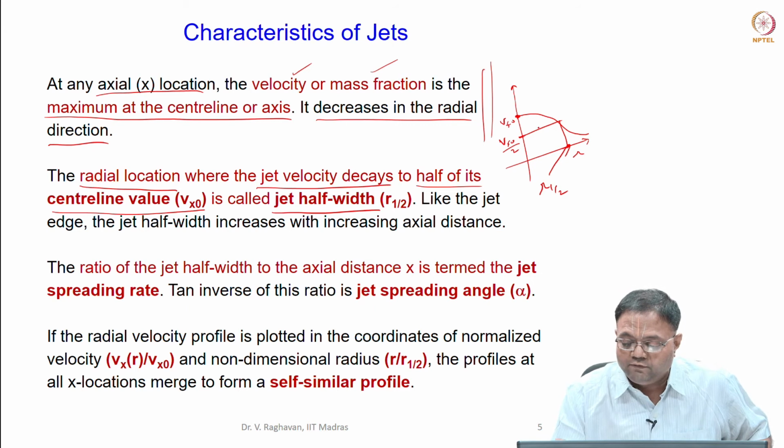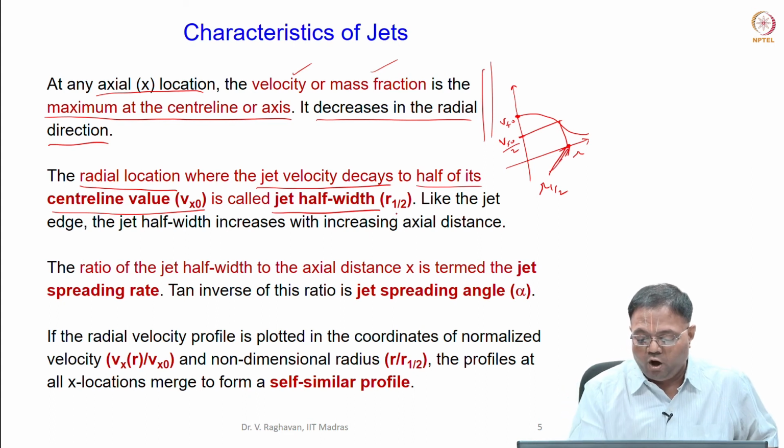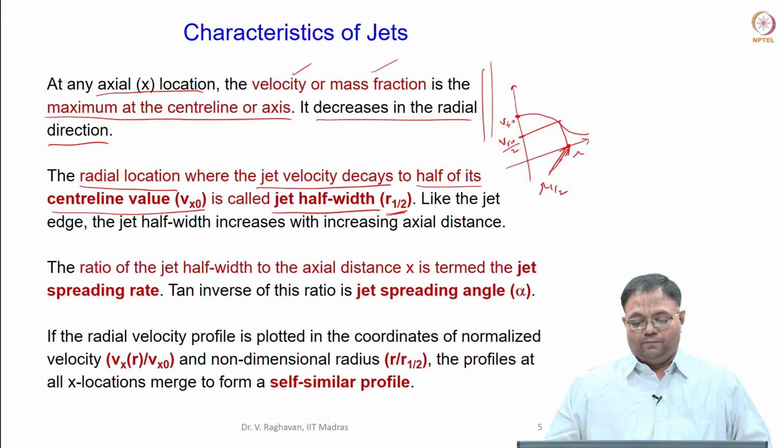That location, Vx naught by 2, is taken as the jet half width or suffix half. This is another characteristic of a jet.